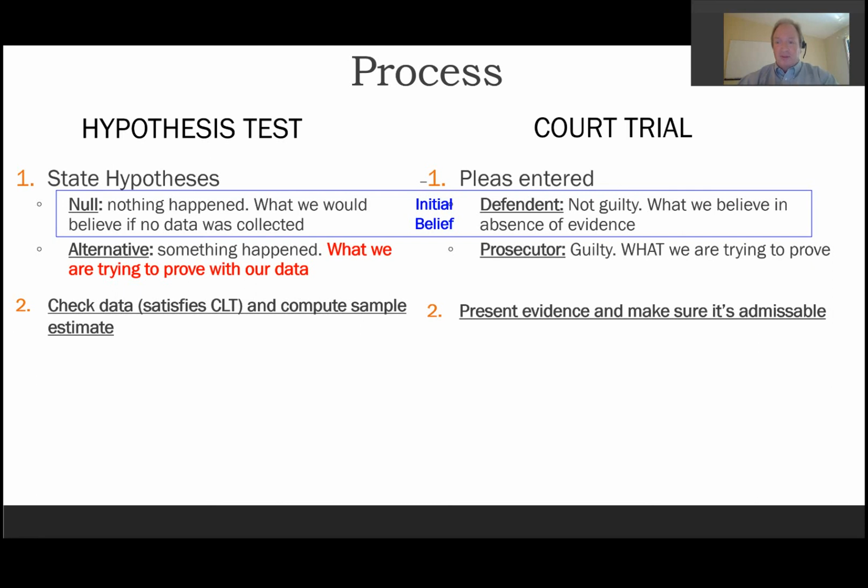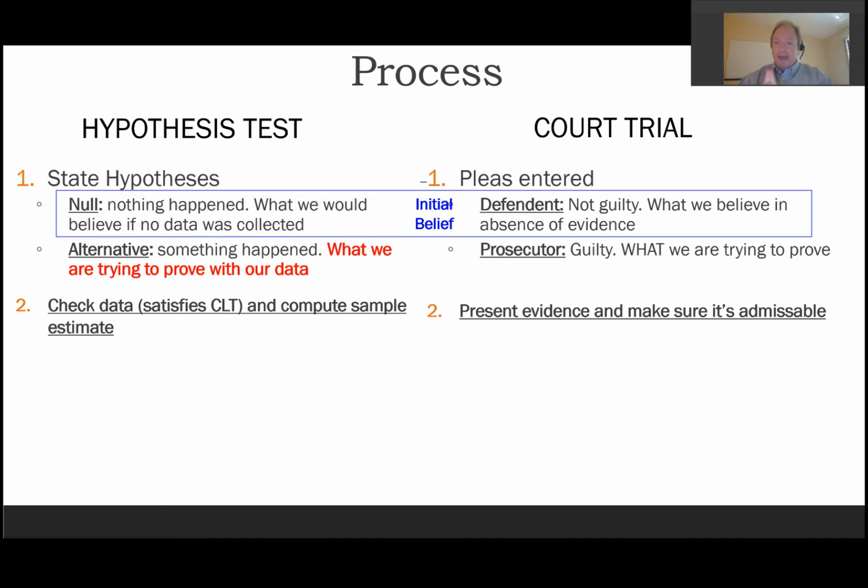There has to be a reason why they bring you into court to charge you for murder. They can't just pull a random person off the street. There has to be a grand jury that issues an indictment initially. So in the same way, there's some evidence that the alternative is true. The sample estimate is always evidence in favor of the alternative.